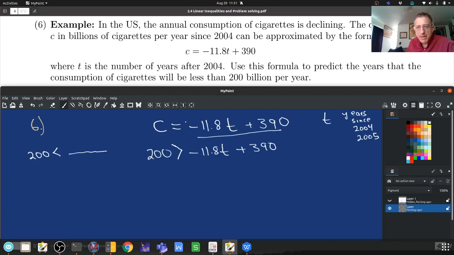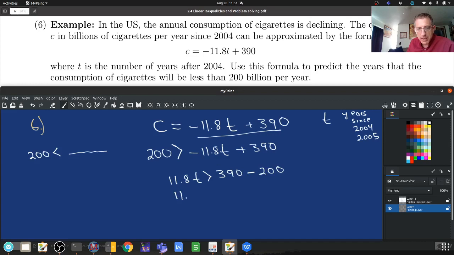And we want that amount per year to be less than 200 billion. So that's how it works. So here again, this is a linear inequality in the variable t. I want this minus 11.8 to be positive. So I'm going to move it to the other side. And that means the 200 has to come to the right-hand side, and it becomes negative.